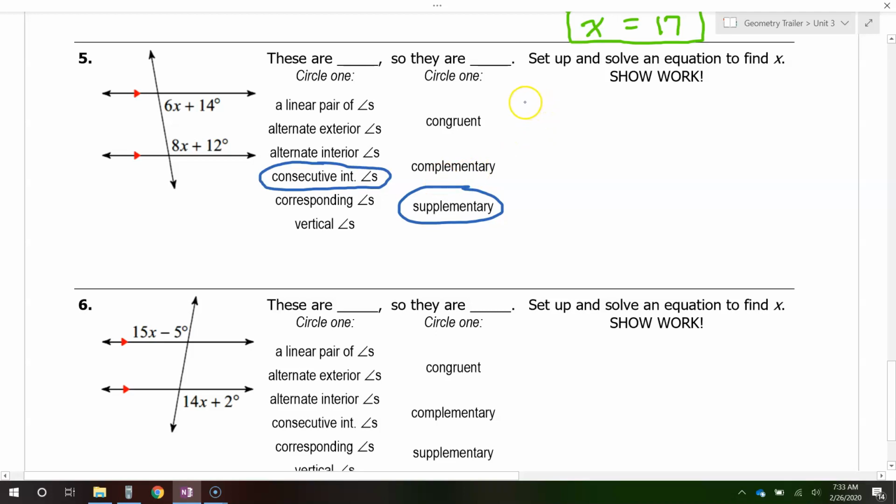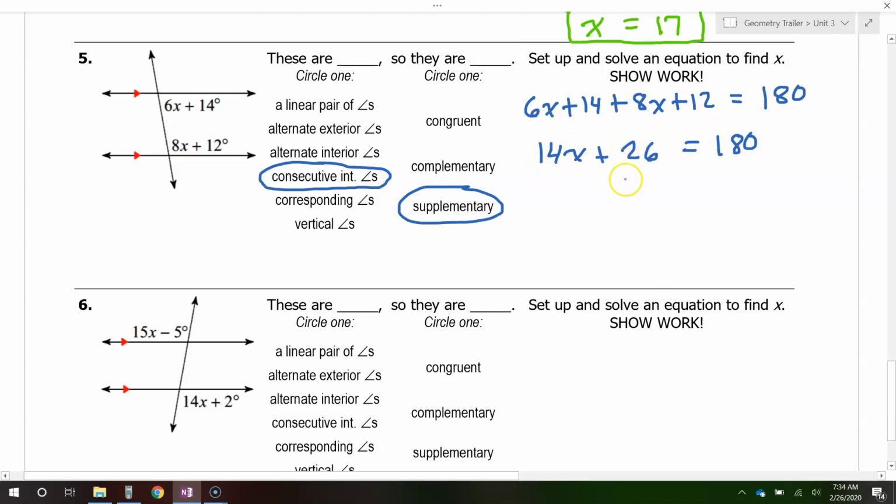Okay, so they have to add up to 180. So I'm going to have 6x plus 14 plus 8x plus 12 is equal to 180. So 6x plus 8x, I'm just combining these like terms, that's going to be 14x. And then 14 and 12 is 26. Now I need to subtract the 26 from both sides.